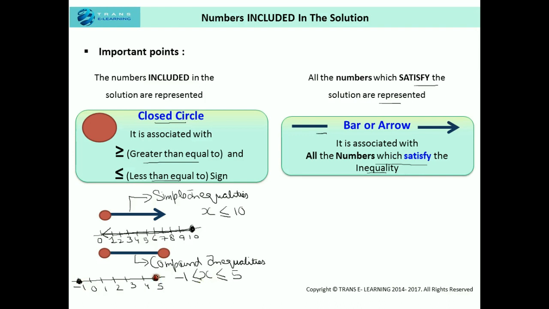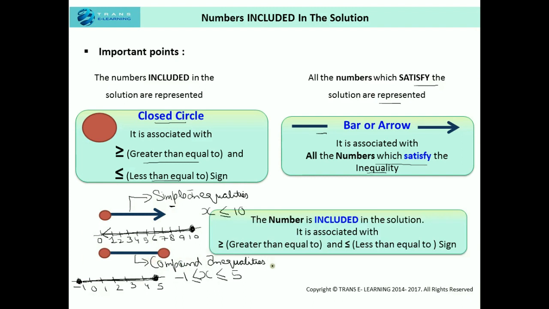And then all the numbers which satisfy the inequality are represented by a bar in between. That means 0, 1, 2, 3, 4 satisfy this inequality, so they are represented by a bar. So these are the two ways in which we represent the numbers included in the solution for simple inequalities and for compound inequalities. And to conclude, the numbers which are included in the solution are associated with the greater than or equal to or less than or equal to sign.